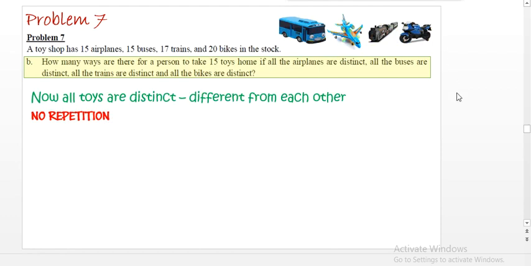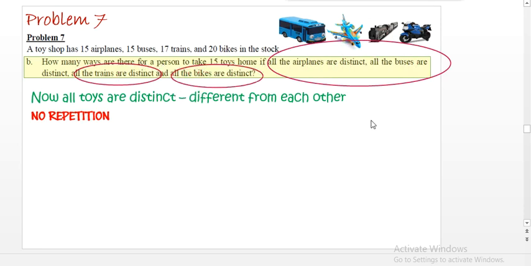Part B is quite straightforward. All toys are distinct. All airplanes are distinct, all buses are distinct, all trains are distinct, and all bikes are distinct. Distinct means one airplane is different from the other one, the first is different from the second, which is different from the third, and so on.